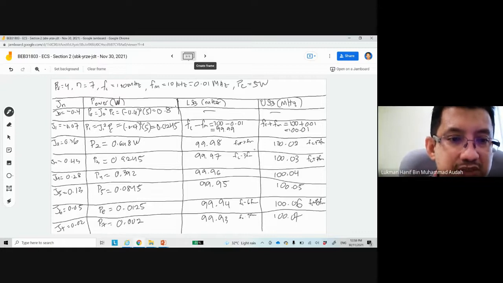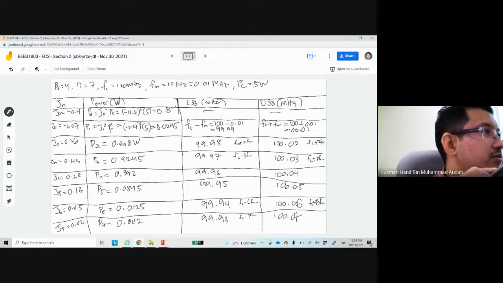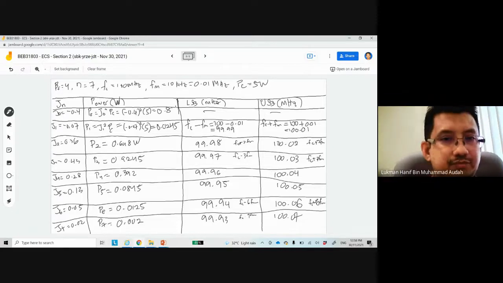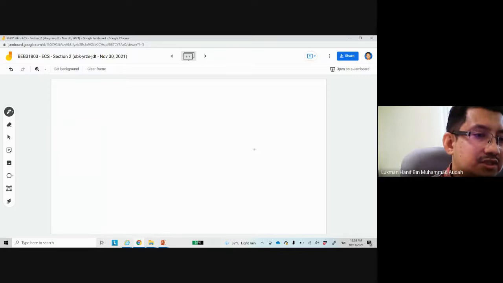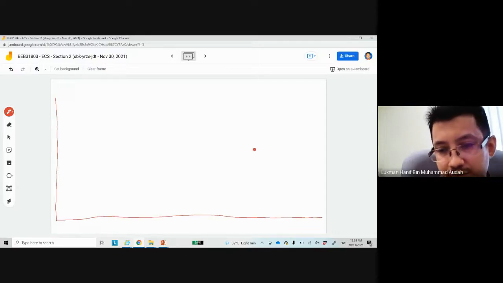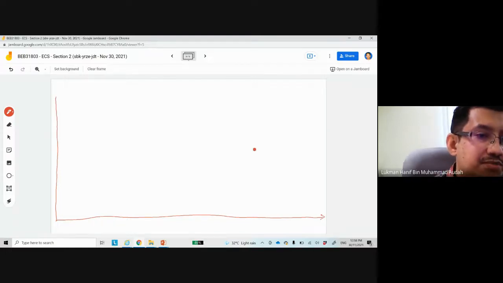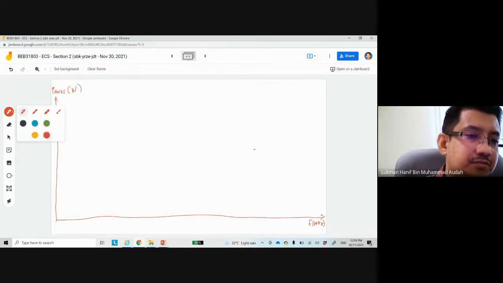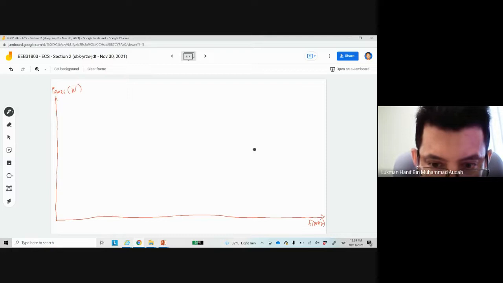So to draw the power spectrum, the power spectrum has to be drawn a bit long. So power spectrum means power in watt versus F. F in this case is in megahertz. Okay. So say the center is somewhere here.